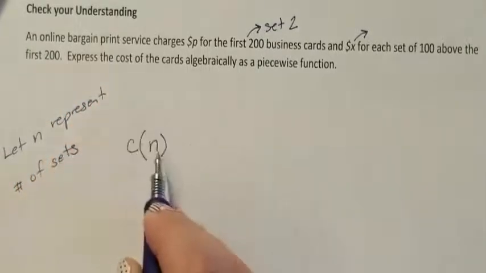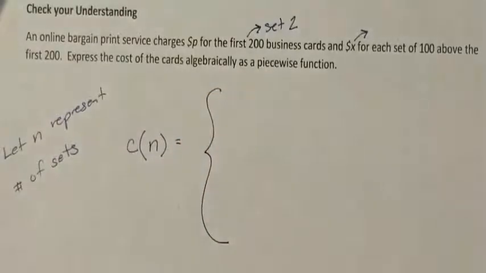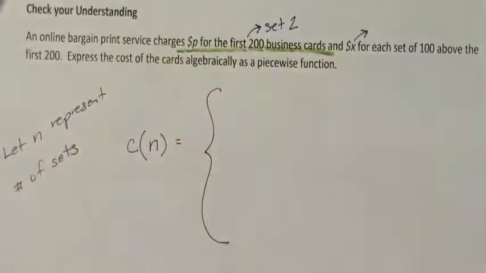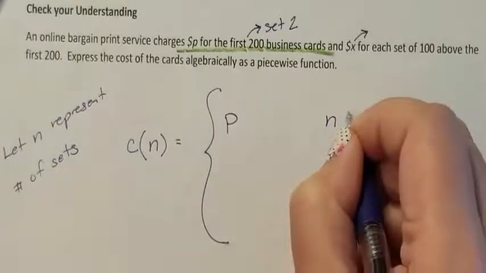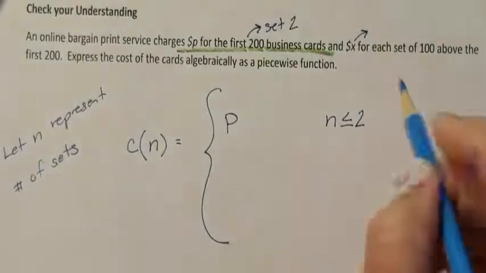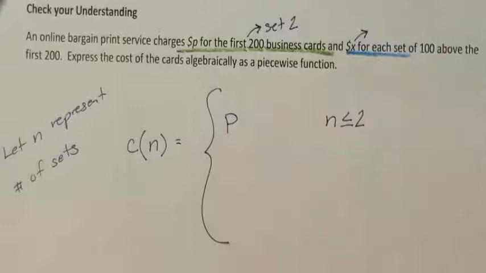So the charge for the number of sets is determined by 2 different equations. The first equation says I will be charged P dollars for the first 2 sets. So I'll be charged P if I am only buying 1 or 2 sets. Then it says they're going to charge me X dollars for each additional set.